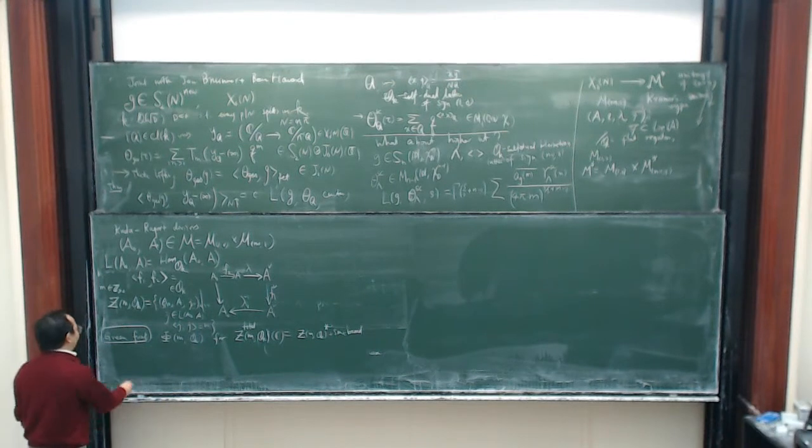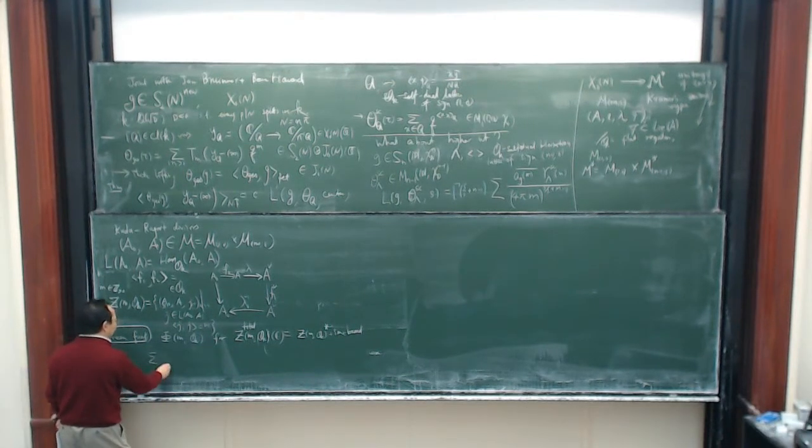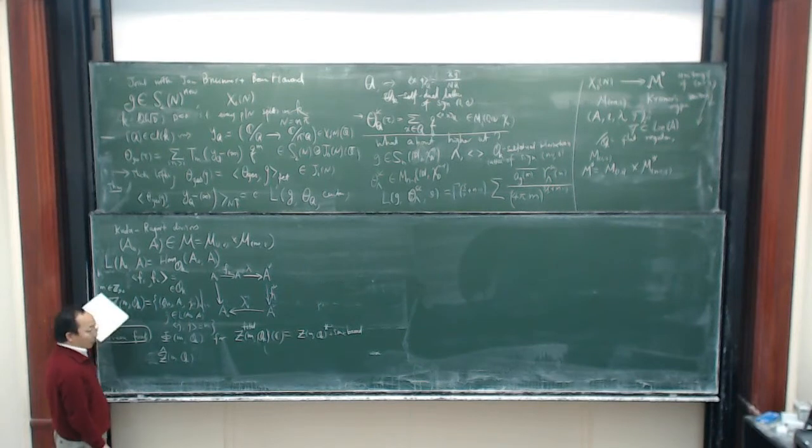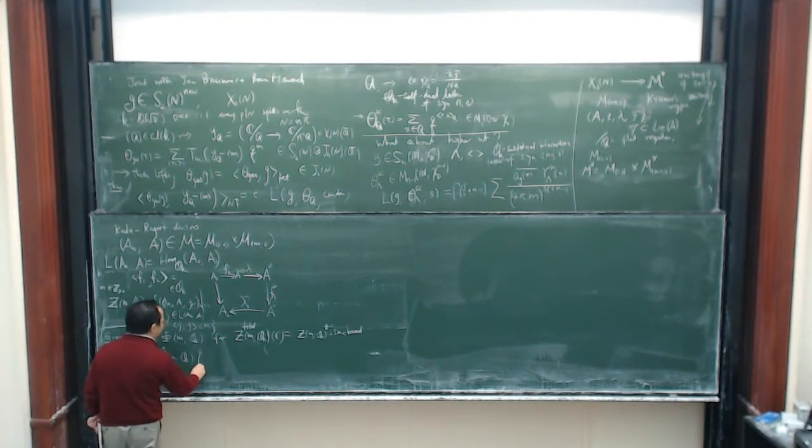You hope to get Z hat of M. This is my integral divisor, and this is the Green function, and you put this together.